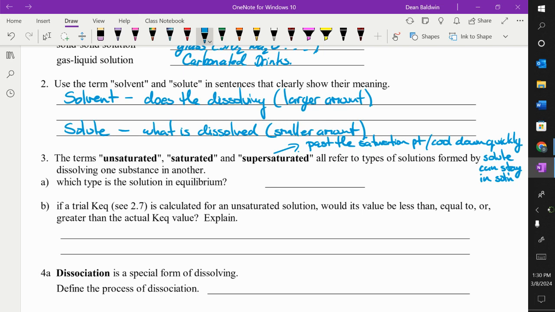What type of solution, saturated, unsaturated, or supersaturated, would be in equilibrium? Saturated. That's kind of what we did last chapter.